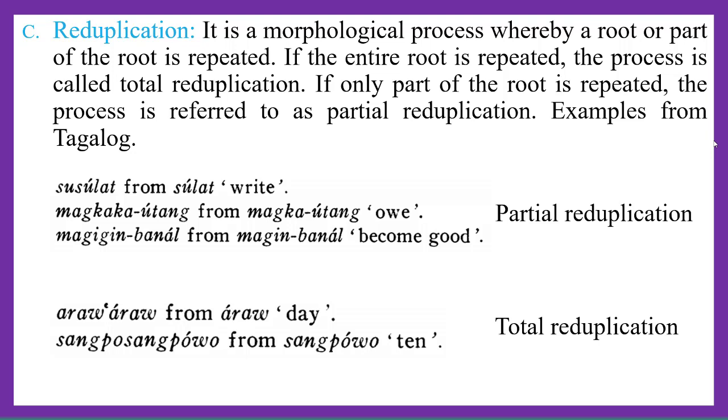And then we have total reduplication where the entire word is repeated. Like araw, for example, means day in this language. So deriving another word, we can come up with araw-araw. Reduplication, I don't think we have it in English, but it exists in other languages.